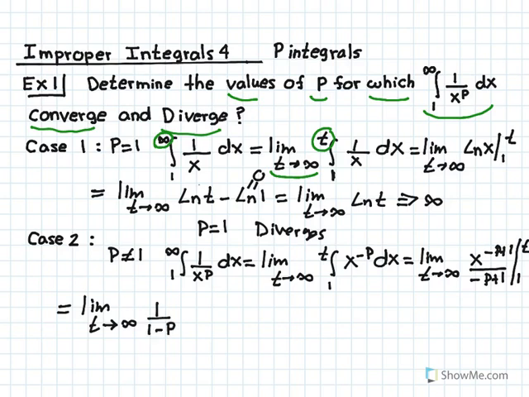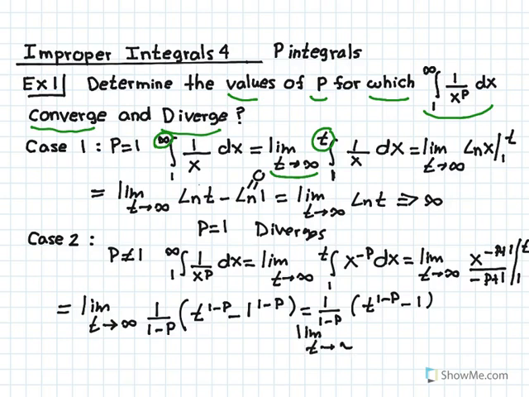Let's factor that out. Put the upper limit in, we get t to the 1 minus p, minus the lower limit, 1 to the power of 1 minus p. 1 to any power is, of course, 1. So we get 1 over 1 minus p times t to the 1 minus p minus 1. And don't forget to put the limit. It's so easy to forget that. Limit as t goes to infinity.